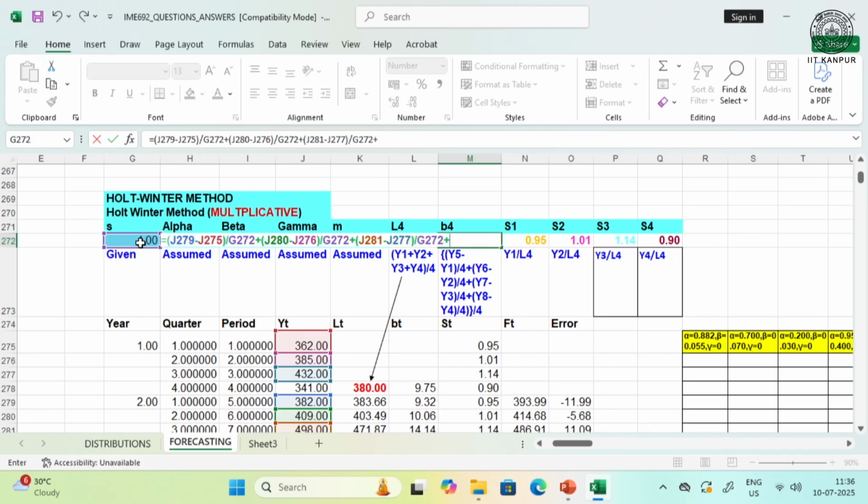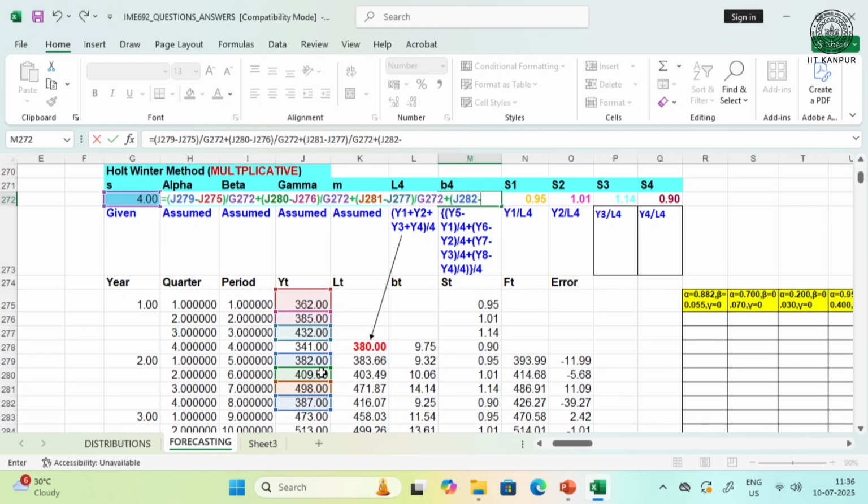Finally, the last term is y8 minus y4 divided by, this value is G272, and this whole thing you put in brackets and then divide by 4.